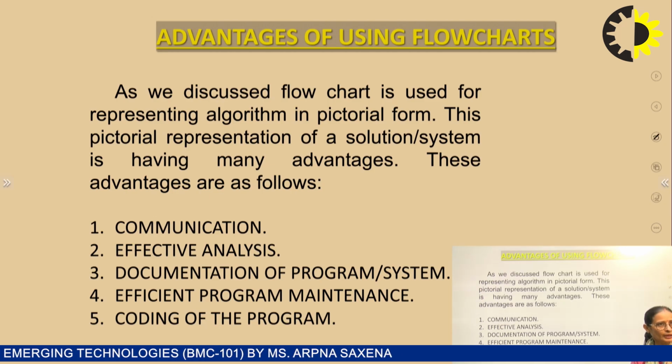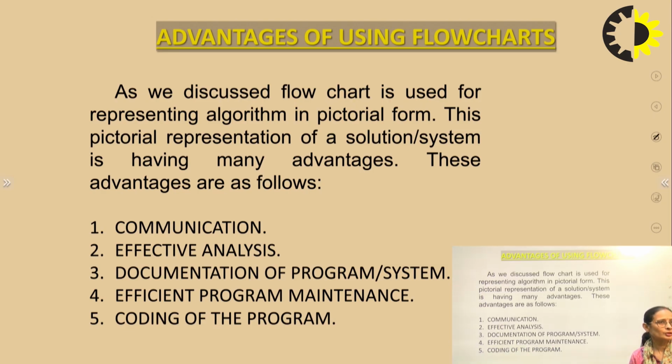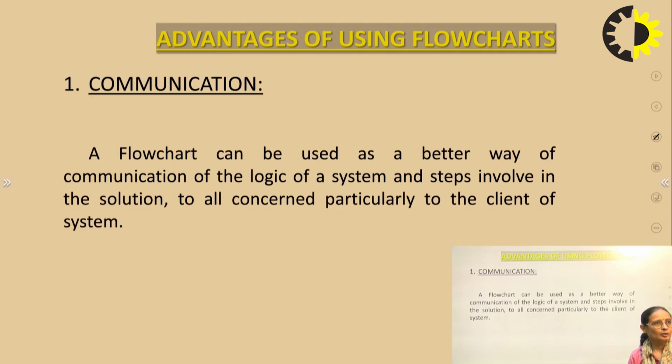So we have discussed that the flowchart is used for representing the algorithm in pictorial form. This pictorial representation of a solution or a system has many advantages. What are these? Communication, effective analysis, documentation of program or system, efficient program maintenance, coding of the program. Let's discuss one by one. Communication.